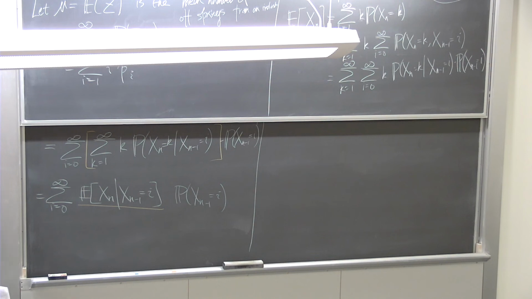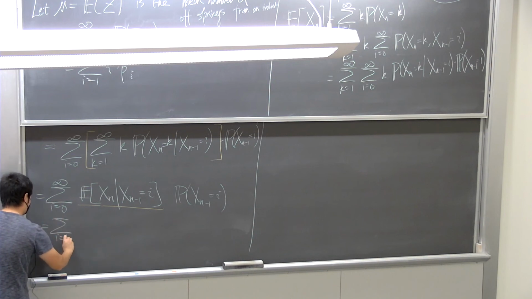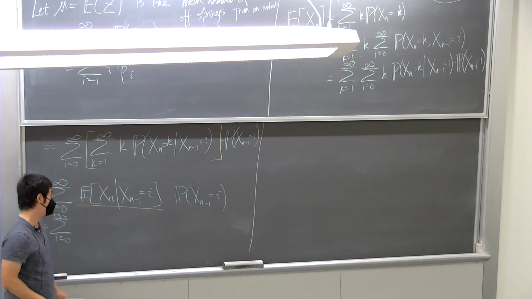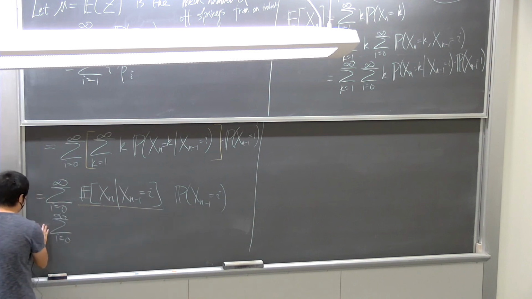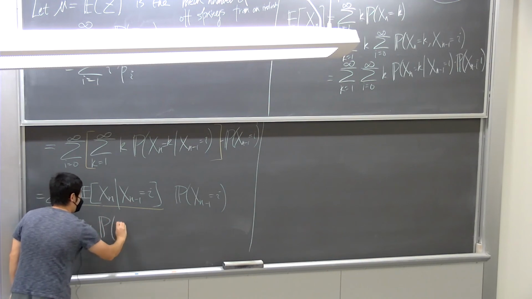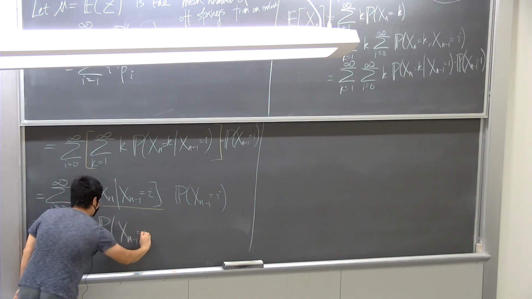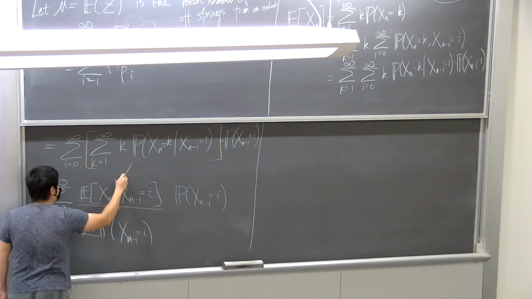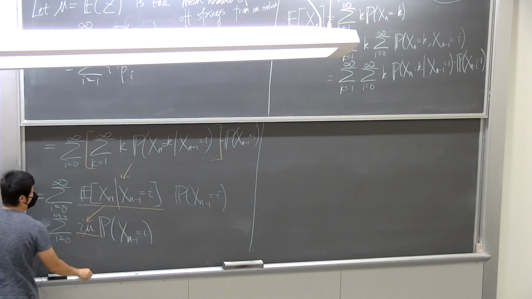Now recall that i goes from 0 to infinity, so over here this is i times mu. Let me write mu in the beginning here. So this is i times mu times the probability that X_{n-1} is i, and again, this follows from the orange stuff.